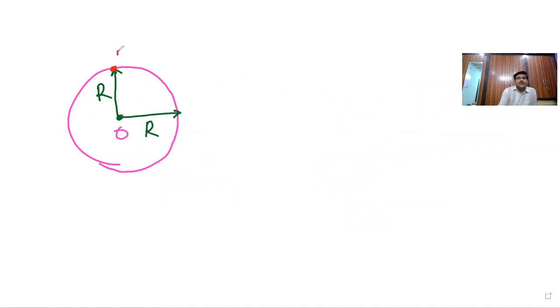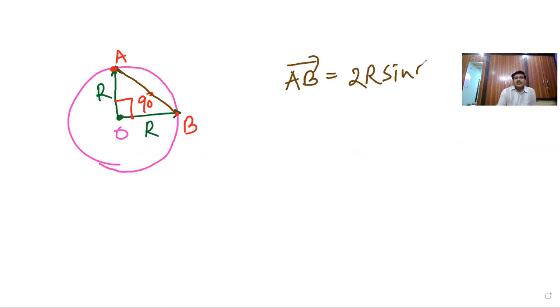This is initial point A, this is final point B. Angle between them is 90 degrees. This is theta. Let us say displacement is asked. What is displacement? The shortest distance between A to B, initial point to final point. In this case, I apply the formula. What is the formula? AB bar displacement is 2r sine theta by 2. This is an example.